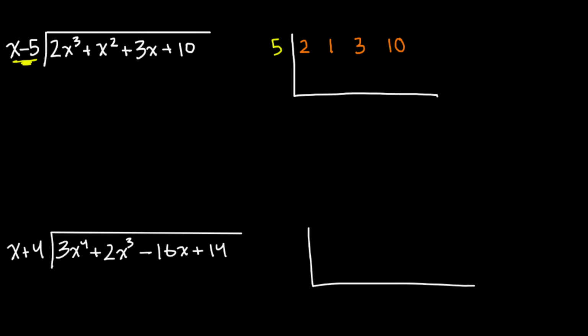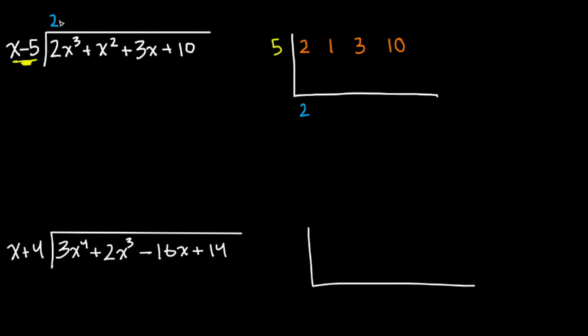Now, let's look at what happens. So let's divide this normally by matching up the degree and the coefficient. To match up the coefficient, we need to have a 2, which is similar to dropping down this 2 over here. So our idea from before still holds. We're going to drop the first one directly down.